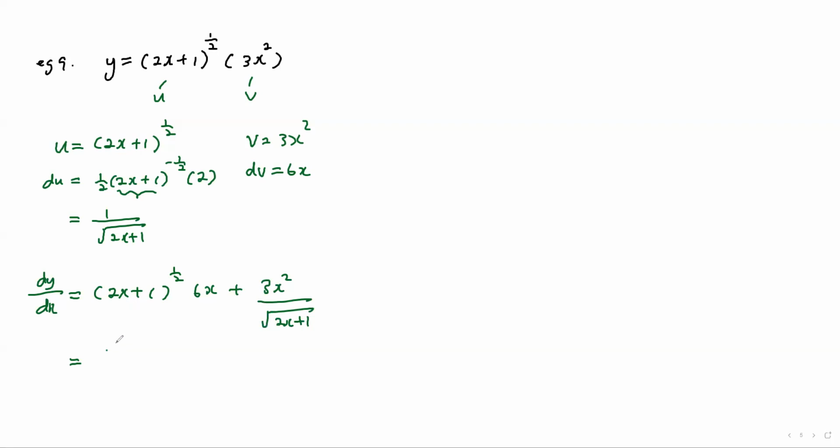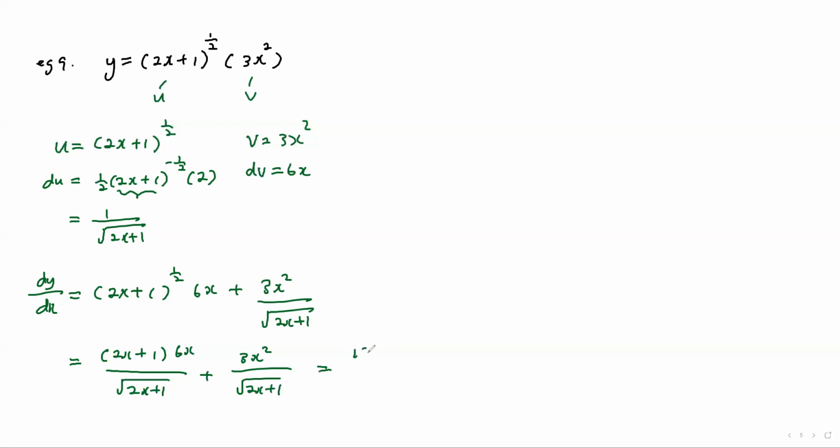Okay, so this is how it will work, right? So if I multiply it by the square root of 2x plus 1, this will just be (2x plus 1) times 6x over the square root of 2x plus 1, plus 3x squared divided by the square root of 2x plus 1. Okay, so now they have the same denominator, we can combine it, right?